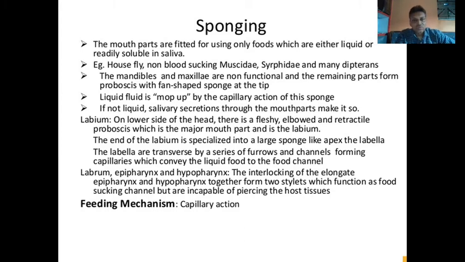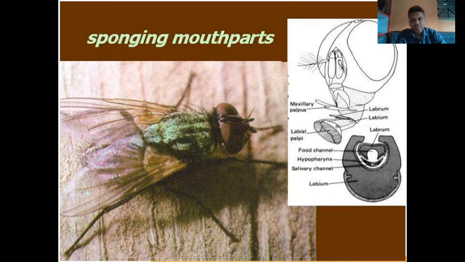Labium is on the lower side of the head. There is a fleshy elbow or a sponge-like structure. In the figure it is clear. The labrum and the labium are all short in structure. They are not elongated.